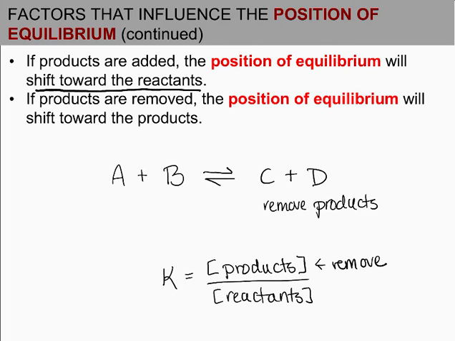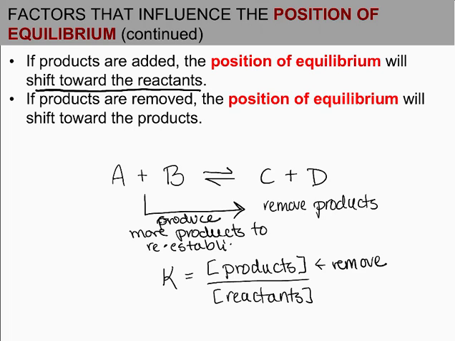So what will end up happening is that any reactants that are still in solution, they're going to react to produce more products. So they're going to produce more products to re-establish equilibrium.